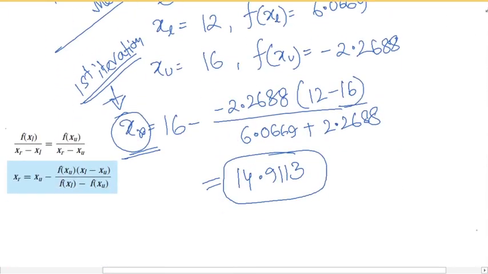Whereas in this case, the first step gives you the value of 14.9113, which is very close to the solution. However, this is the first iteration, that's why you cannot calculate any epsilon a here.